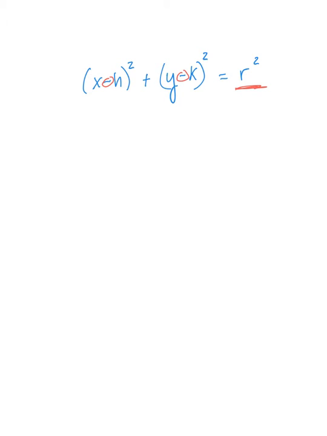Since the minus sign is in the formula, whatever number ends up in those parentheses, you're going to change the sign when you're looking for the center, okay? And I'll explain that in a minute. But the center is going to be the h and the k, and r is the radius.